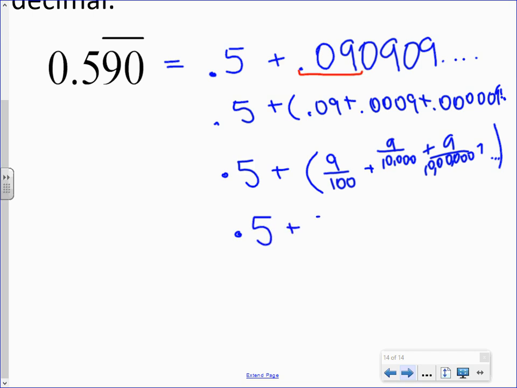So what we have is the sum from n equals 1 to infinity of our first term 9/100ths times our common ratio 1 over 100. Okay.